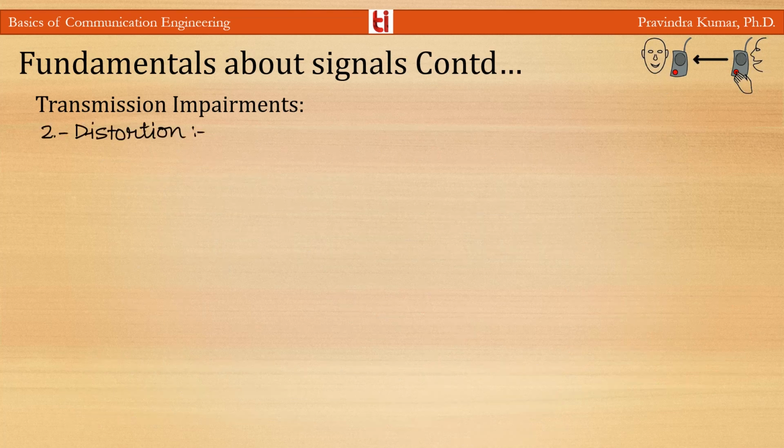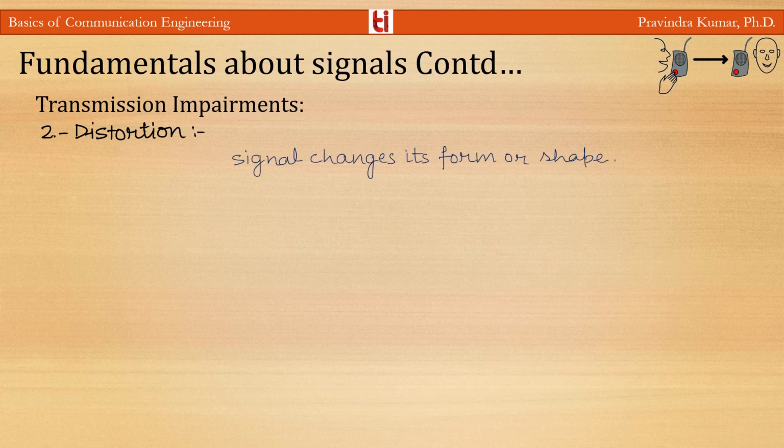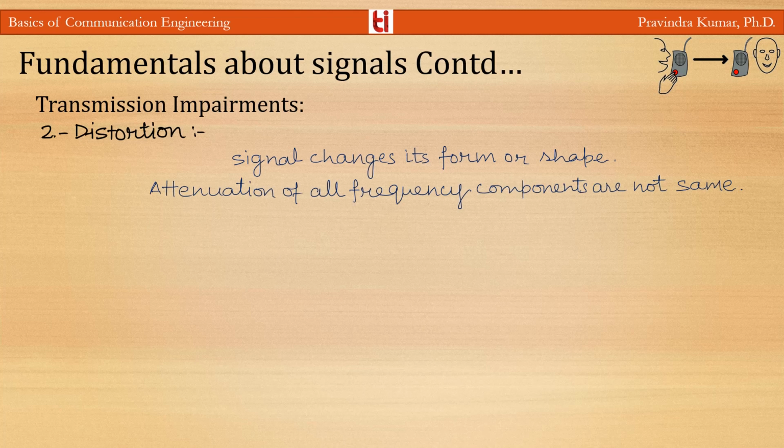So now we will discuss distortion. Distortion means that the signal changes its form or shape. When attenuation occurs, all frequency components should be attenuated uniformly. However, it does not happen in practice. It has been found that attenuation of all frequency components is not the same. Some frequencies are passed without attenuation, some are weakened, and some are blocked.